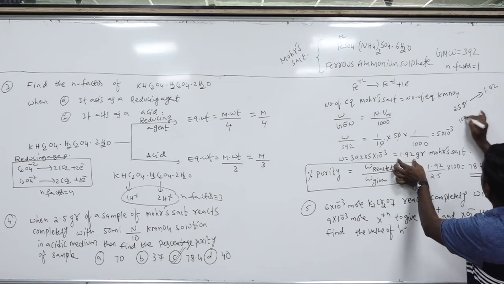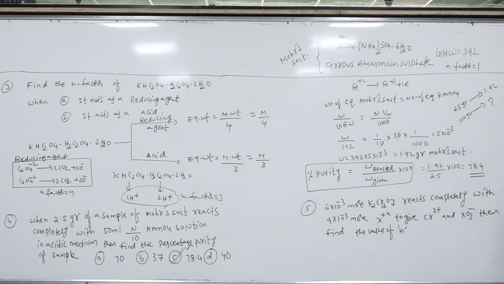In 100 grams, how many grams of Mohr's salt will be present? Unitary method: 1.92 into 100 by 2.5. If you solve this, again you will get 78.4.